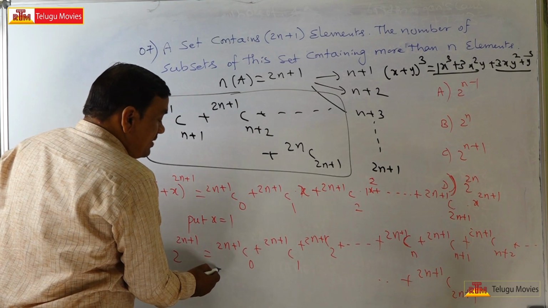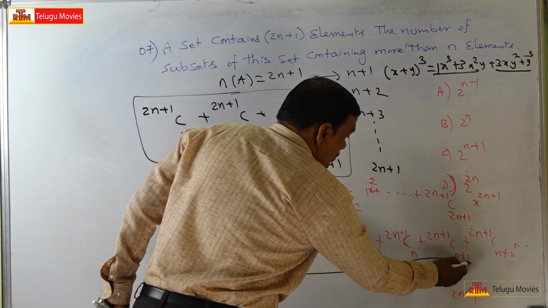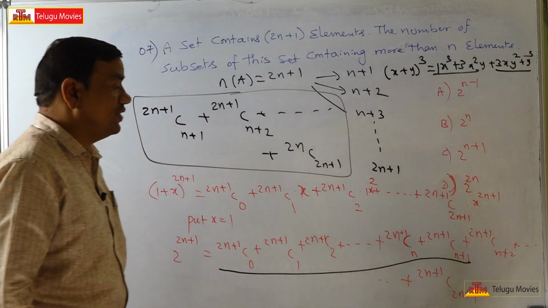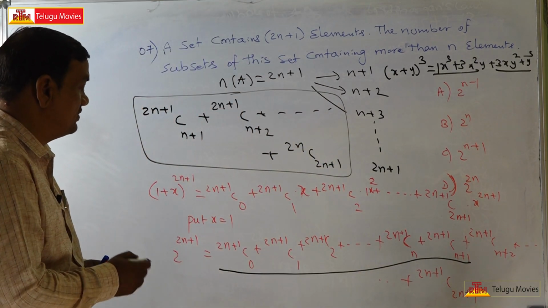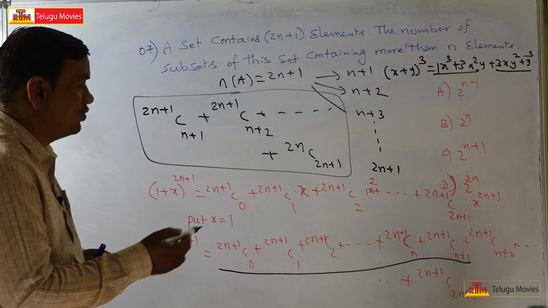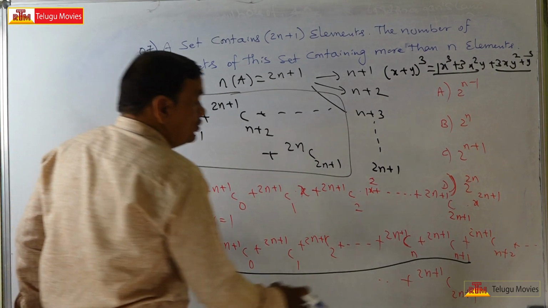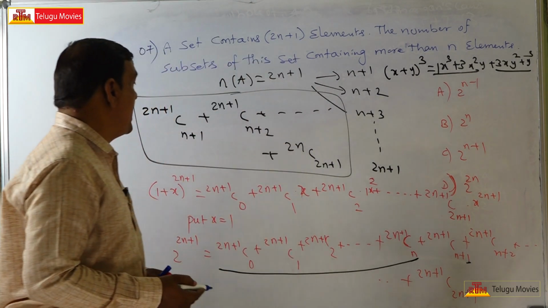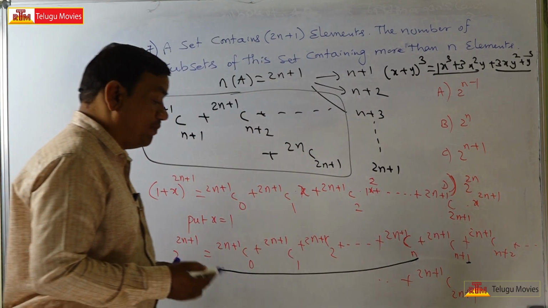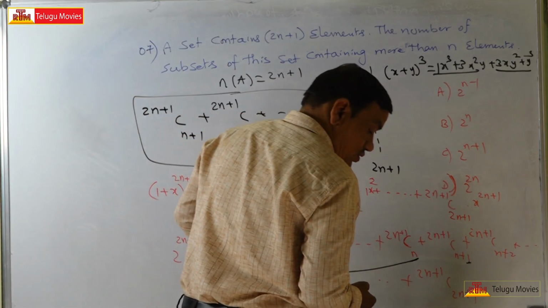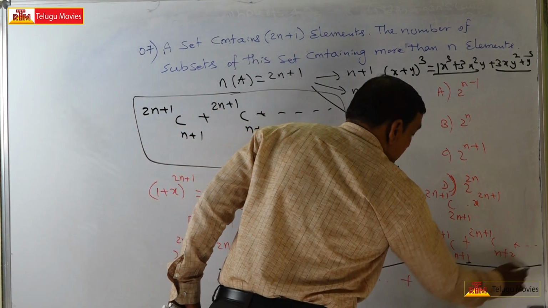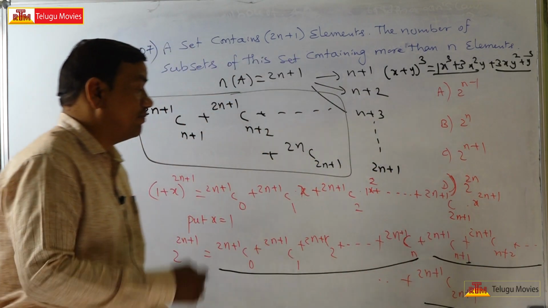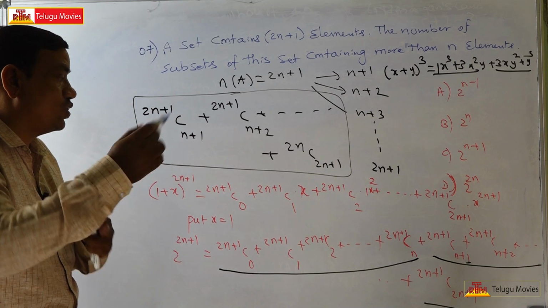The sum of the binomial coefficients up to n plus 1, that means 2n plus 1 C 0, 2n plus 1 C 1, 2n plus 1 C 2, and so on, up to 2n plus 1 C n, is the same as the sum of the remaining ones, n plus 1, n plus 2, n plus 3, and so on.